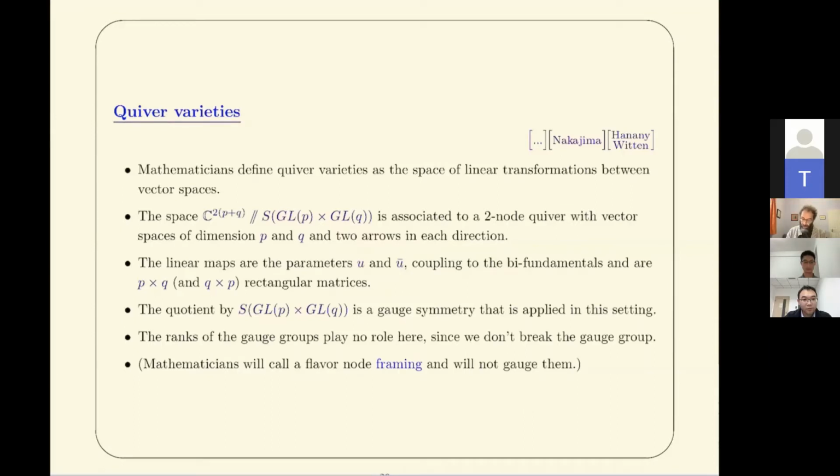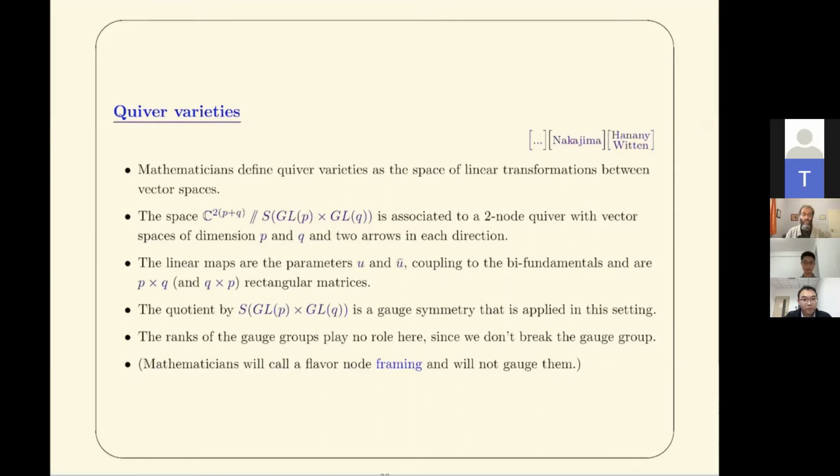So the description that I gave you of the moduli space is actually what mathematicians would call quiver varieties, as defined by Nakajima, but used in physics mainly by Fayet and Witten. So all of these spaces are quiver varieties, where you take a quiver and you assign integers to each node, which corresponds to the dimension of a vector space, and the arrows are linear maps between them.